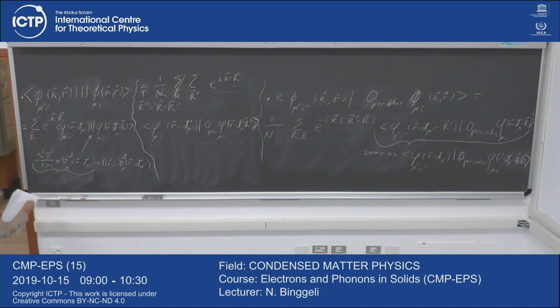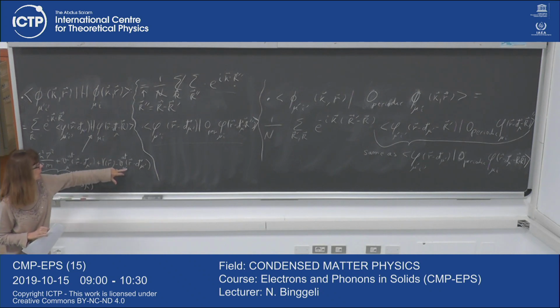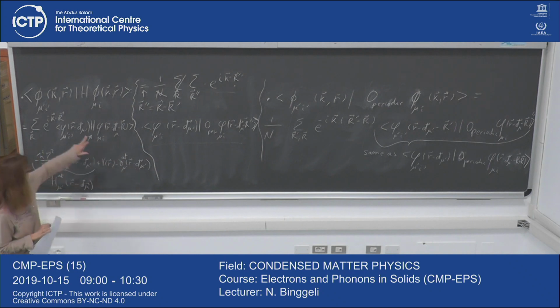I'm doing this because I know that this is the atomic potential for this atom. Okay? So this part is just the atomic potential for the atom mu prime on the site at the position d mu. And the second part is just the crystal potential minus the potential on the atom we use as a reference that corresponds to this wave function.